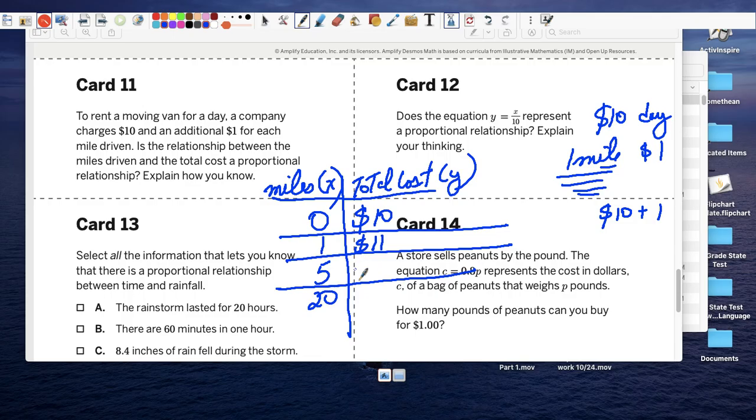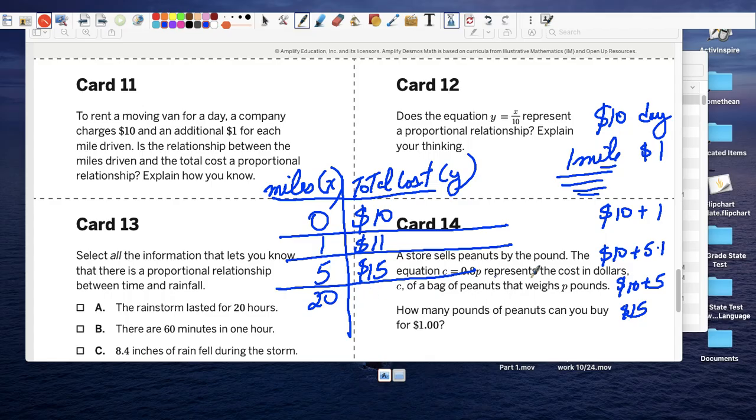Okay. You drove it for 5 miles. Different scenarios now. So you gave the car company $10 just to get the car, and then you drove it for 5 miles. So each mile is $1. So you did 5 times 1, because there's 5 miles, and every mile is $1. 5 times 1 is 5, and you end up paying 15.